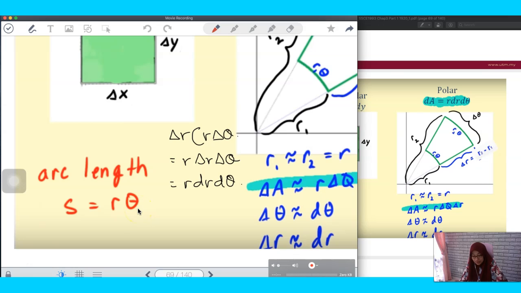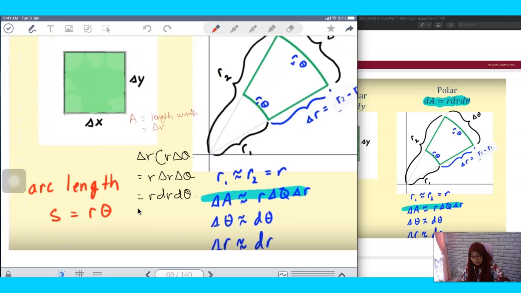So in this case, when you want to find the area, the area is the length multiplied by the width. The length is delta r, and the width here is the arc length, which is r theta.